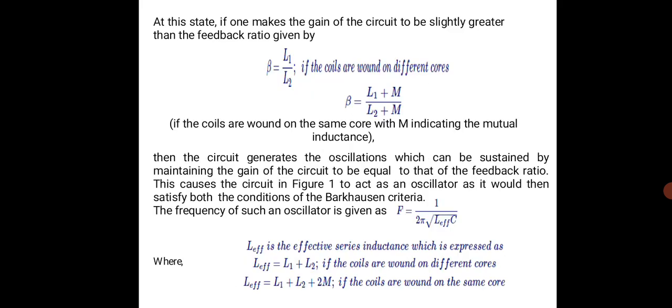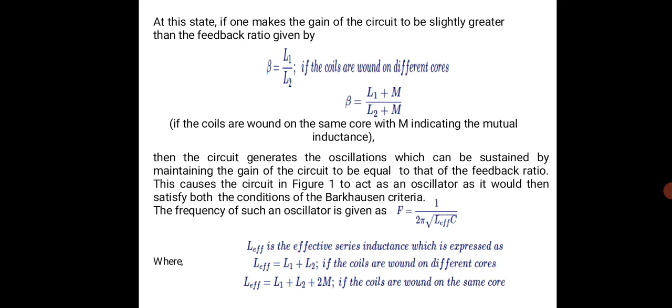So at this stage, if one makes the gain of the circuit slightly greater than the feedback ratio, which can be given by beta equal to L1 by L2 if the coils are wound on different cores, and it can also be given as L1 plus M to the ratio of L2 plus M, where M indicates a mutual inductance, if they are on the same core, then the circuit generates oscillations which can be sustained by maintaining the gain of the circuit equal to the feedback ratio.